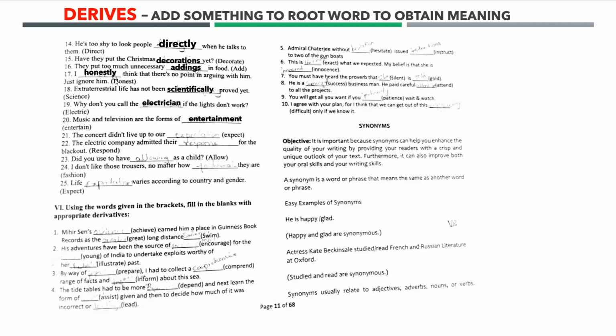Just ignore him. So this makes complete sense, right? This is how we need to fill up the sentence using the word they have mentioned, adding something to it which gives meaning to the sentence. That's all about derivatives.